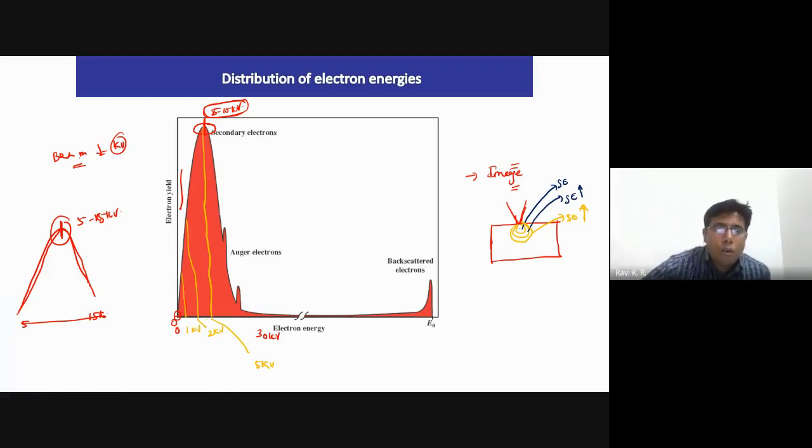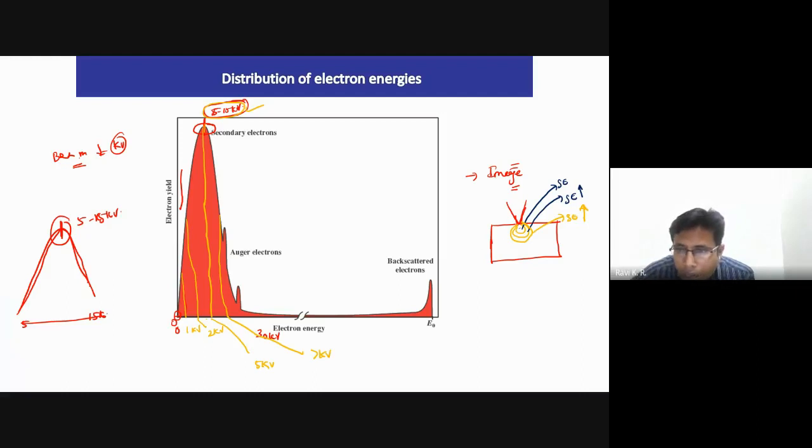Beyond this, what is happening? If we increase the voltage a little bit, let's say around 7 kV, I'm just giving an arbitrary value. It may be close to that, but the 5 to 15 kV maximum that you obtain depends on the sample. We also know that depending on the atomic number, this is going to change.